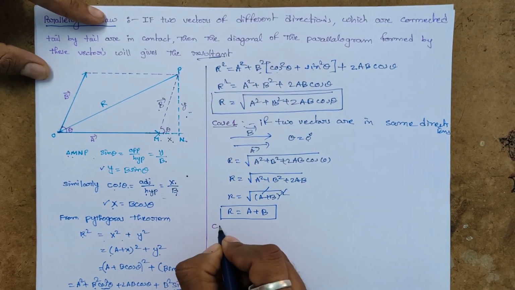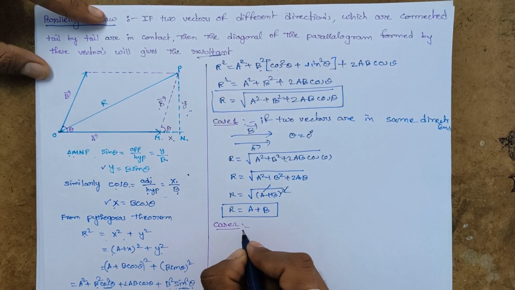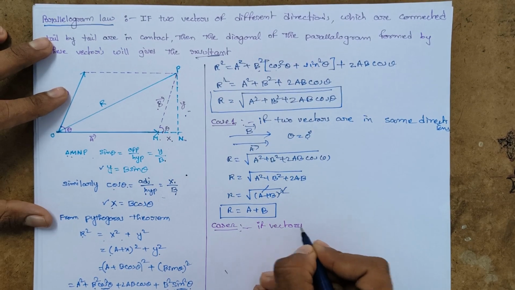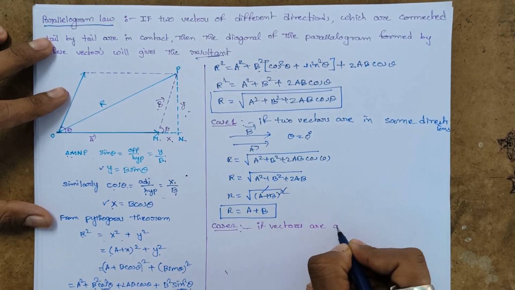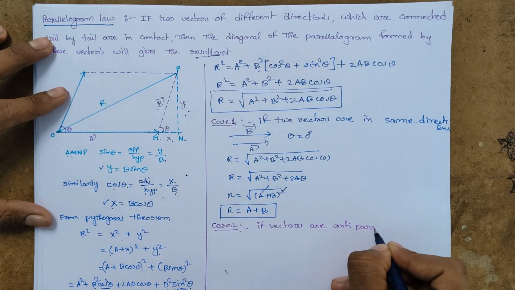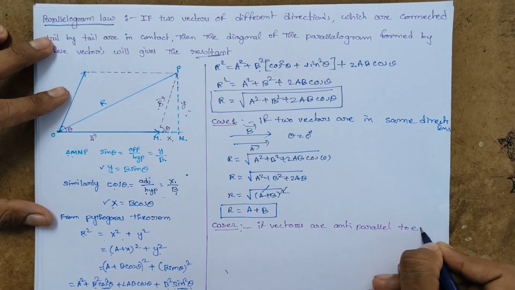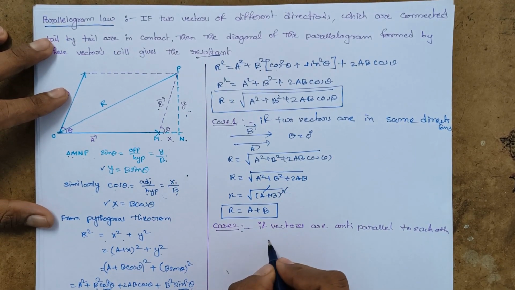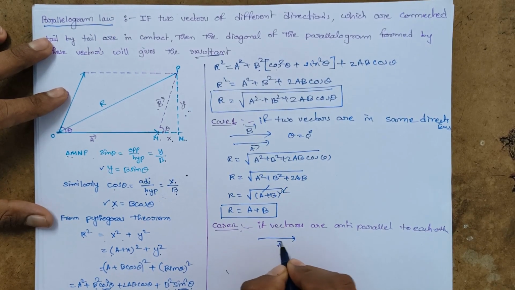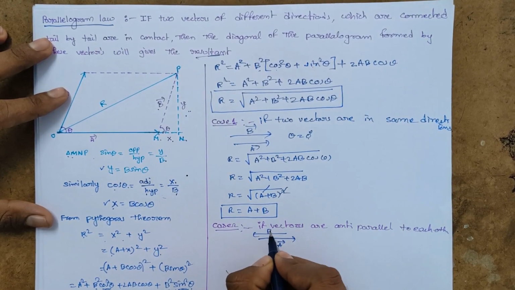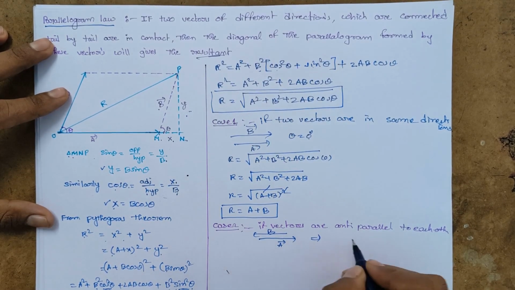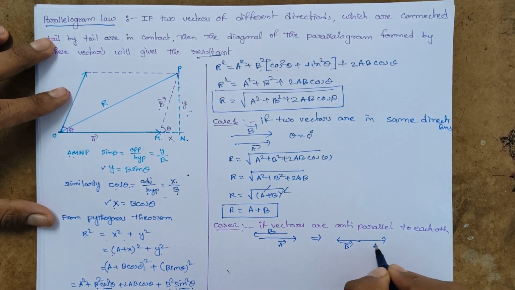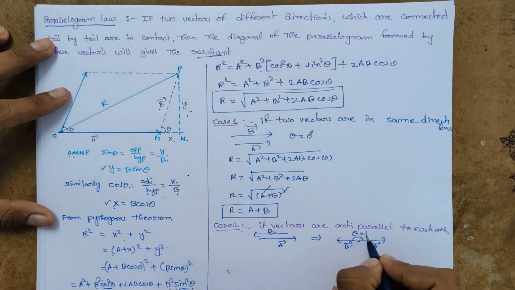Coming to case 2: if two vectors are anti-parallel to each other. Anti-parallel means the first vector a was moving like this, another vector was moving like this. So just combine these two vectors tail to tail. This is the a vector and this is the b vector. Okay, what is the angle between a and b? 180 degrees, right?